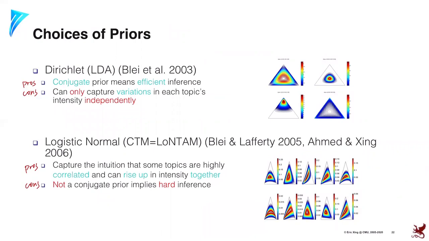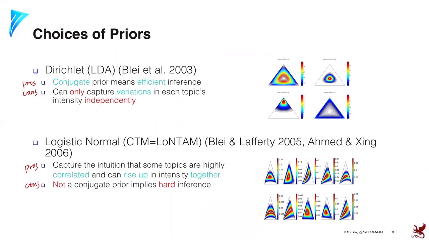The good thing about this prior is that since the Dirichlet distribution is conjugate to the multinomial distribution, we can have a very efficient inference. However, it can only capture the variations in each topic's intensity independently. So it cannot really capture the correlations between topics.